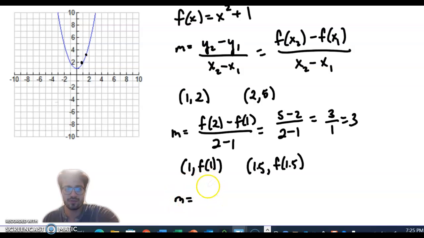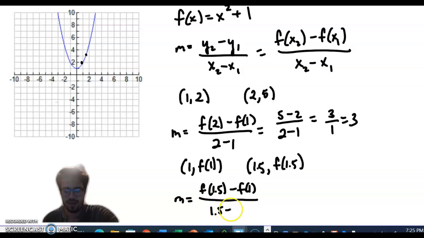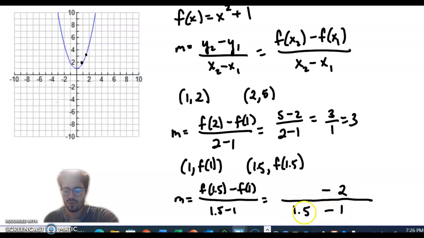So m is equal to f of 1.5 minus f of 1 over 1.5 minus 1. If we do 1.5 squared plus 1, because we know f of 1 is going to be 2, 1.5 squared plus 1 gives us 3.25, I believe.